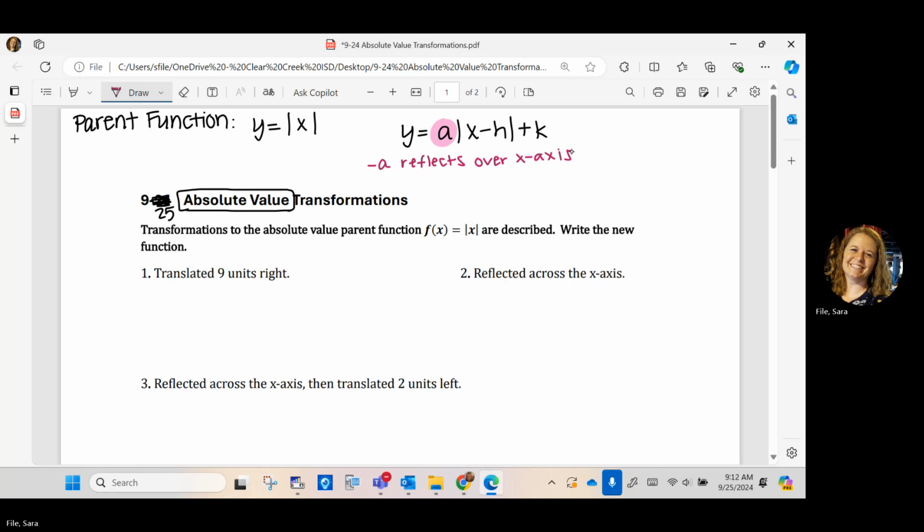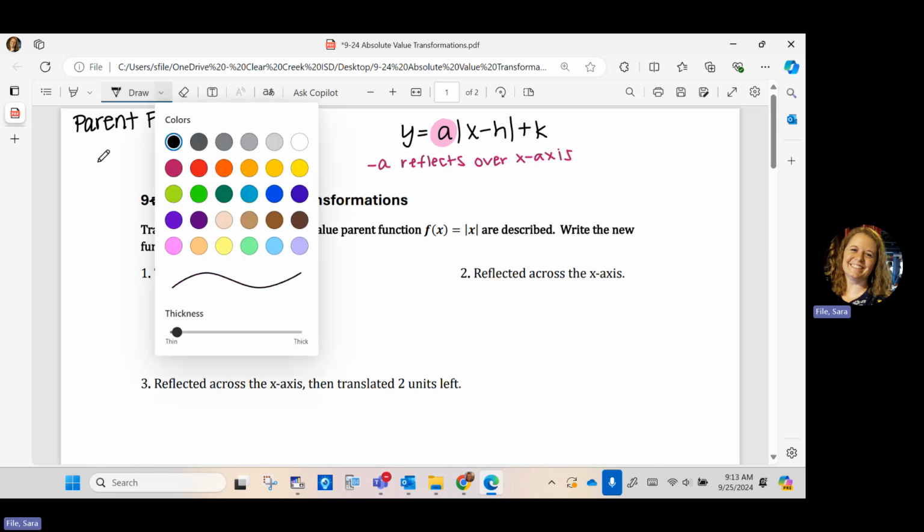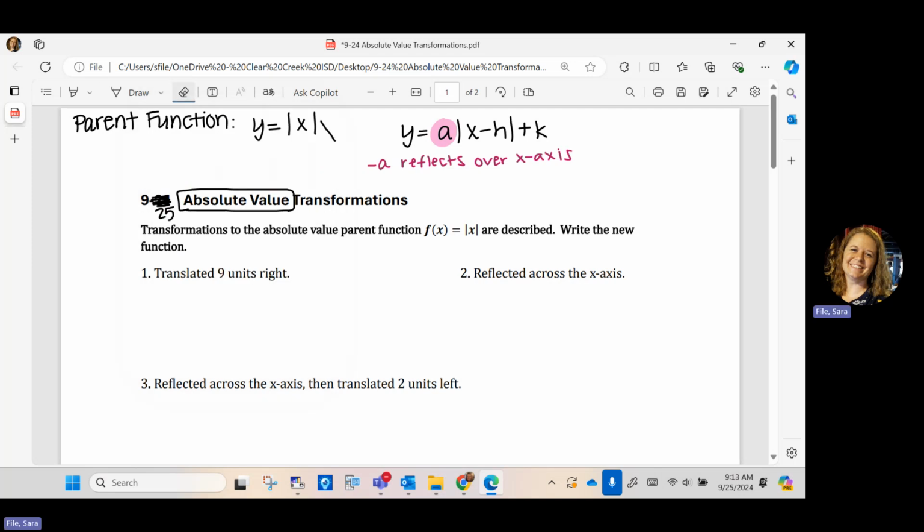Okay. So the parent function for absolute value looks like this. Well, I shouldn't draw it that close to the equation. Sorry, I'll put it down here. It's the V shape. And that vertex is at the origin.